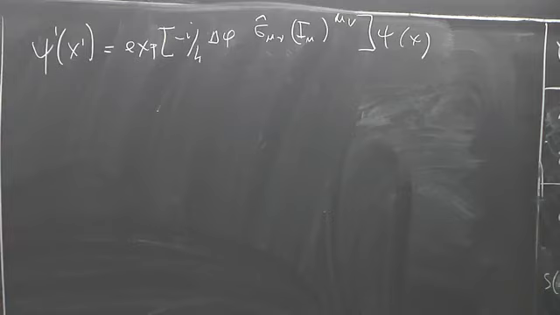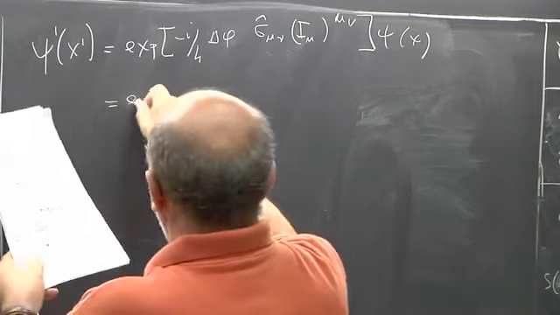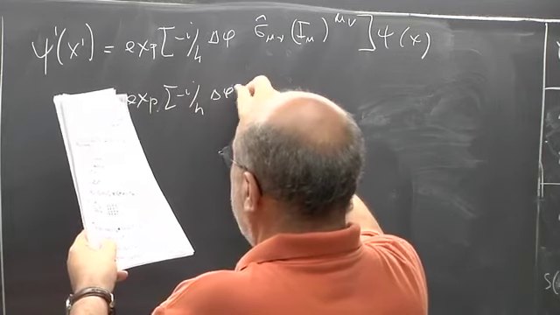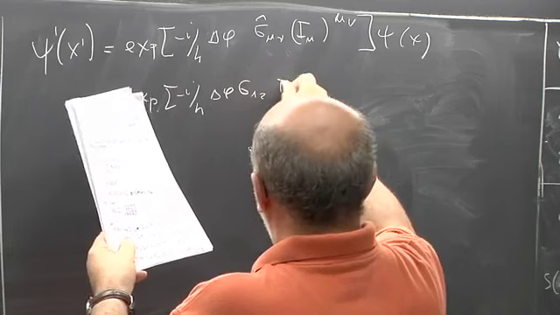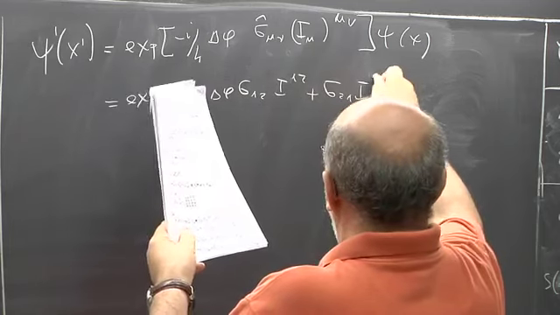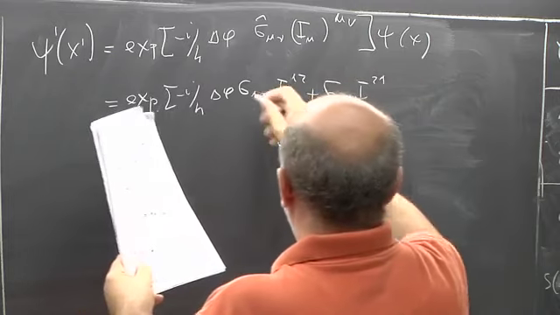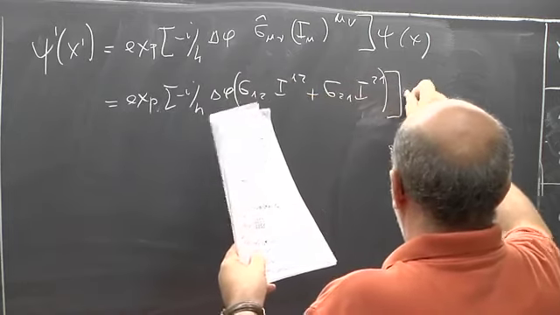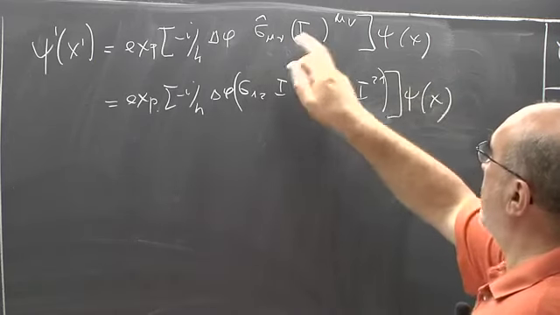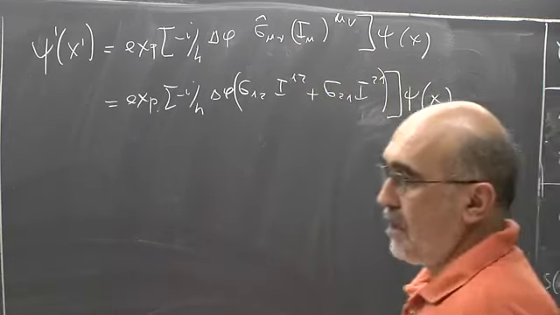You see, the 2,1 were different from the identity. So this becomes exponential of minus i/4 delta phi, sigma^{12} I_{12} plus sigma^{21} I_{21}, ψ(x). Okay? So I have saturated only the indices that are different from 0.